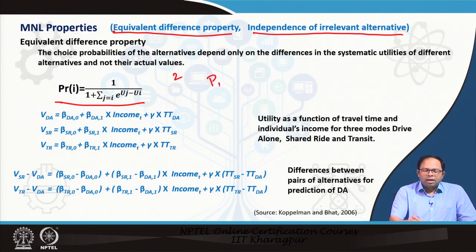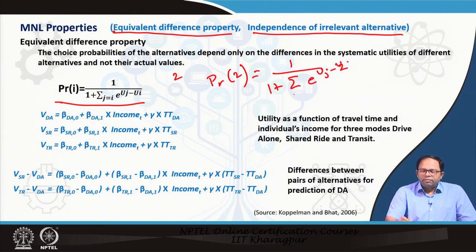So, P_2, the second alternative, is equal to 1 divided by 1 plus the summation of e to the power (u_j minus u_2). So, j will be all the alternatives that we are talking about, 1 to n, whichever is the total number of alternatives. So, this is only the difference between this alternative and all the other alternatives that are being considered.